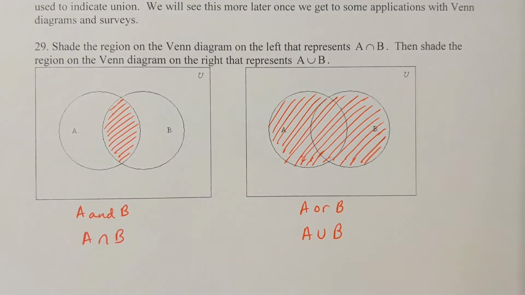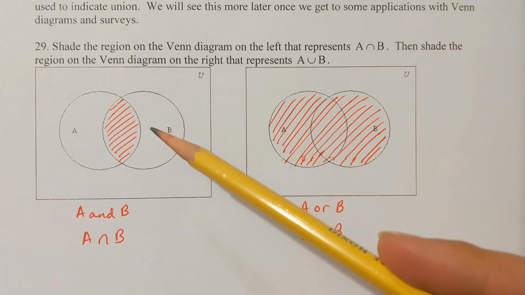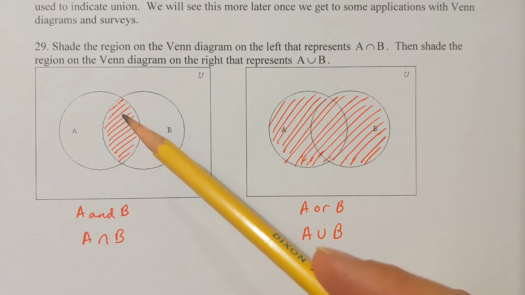So problem 29 is where I want us to shade the region on the Venn diagram that represents A intersect B, and then shade the region on the Venn diagram on the right that represents A union B. Okay, so intersection is where I want to shade everything in both the sets.